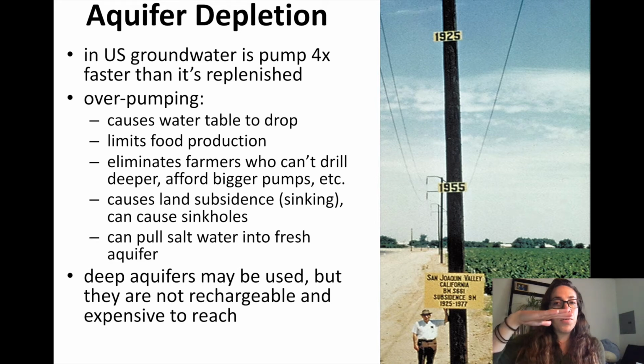And so what happens when you overpump is the ground actually subsides, and it can cause not only the water table to drop, but the land itself actually begins to subside or sink. This can result in sinkholes forming, and we see this in a lot of locations around the world.